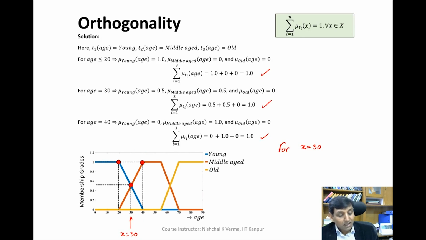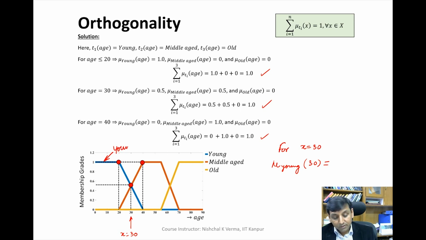Mu young of 30 is, you see here, just look at the membership function characterizing the fuzzy set young, which is represented by the blue color.